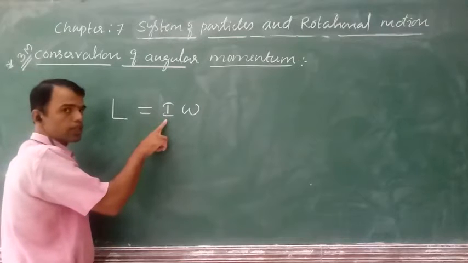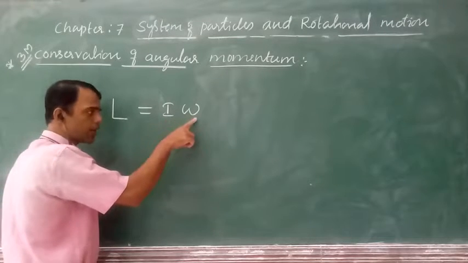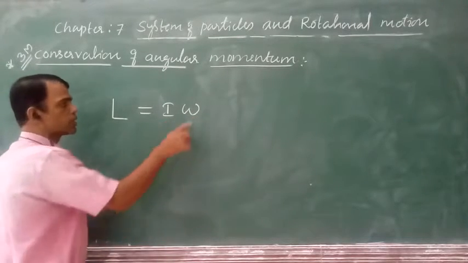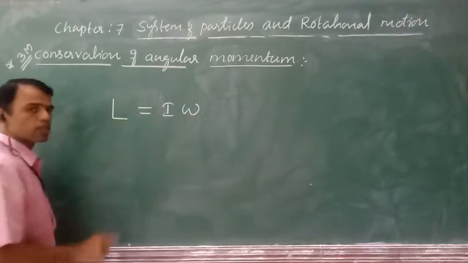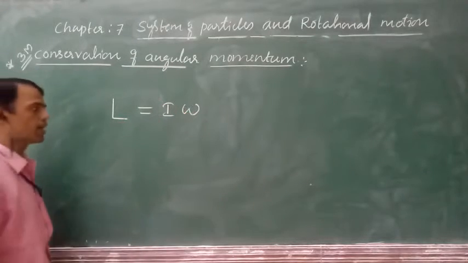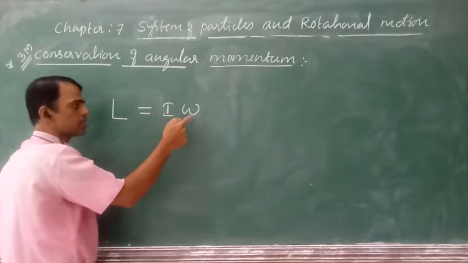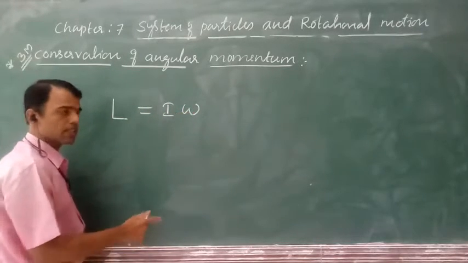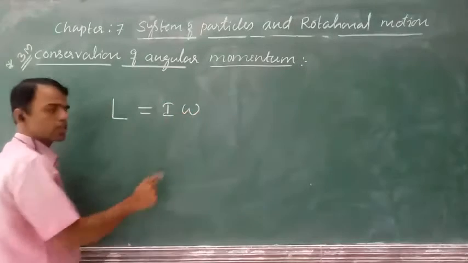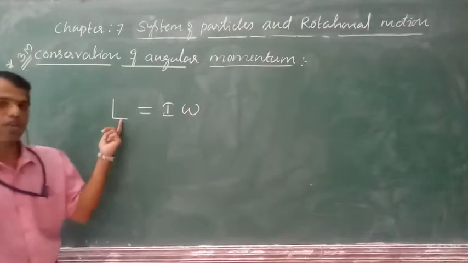If the moment of inertia increases, then the angular velocity decreases so that the product remains constant. On the other hand, if the moment of inertia decreases, then the angular velocity increases so that in that case also the product remains constant.